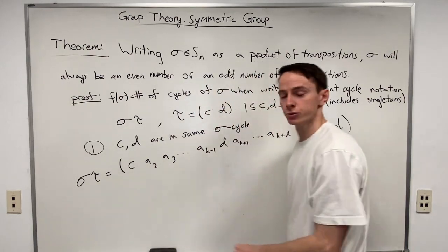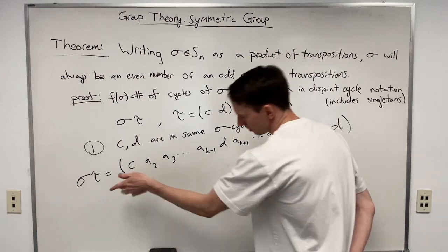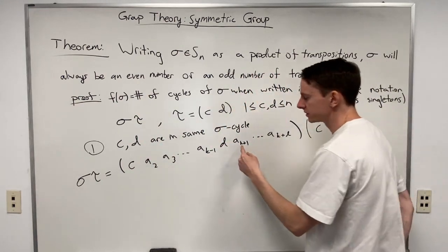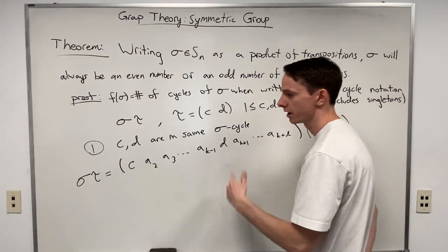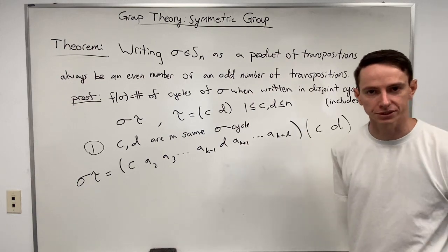Sigma tau of a2 gives us a3. Sigma tau of a3 gives a4. Sigma tau of a4 gives a5. We just get the subsequent value. Same thing here: sigma tau of a(k+1) gives us a(k+2), and so on, all the way up through a(k+l).